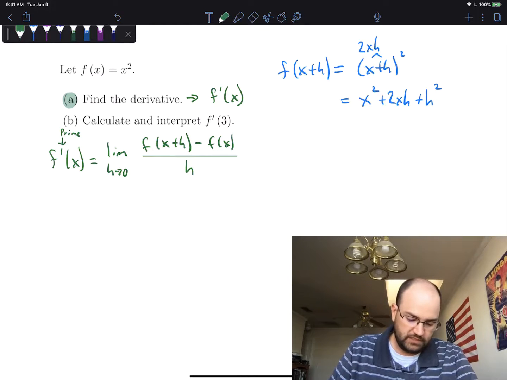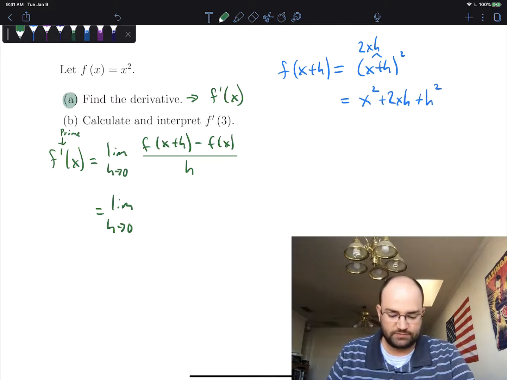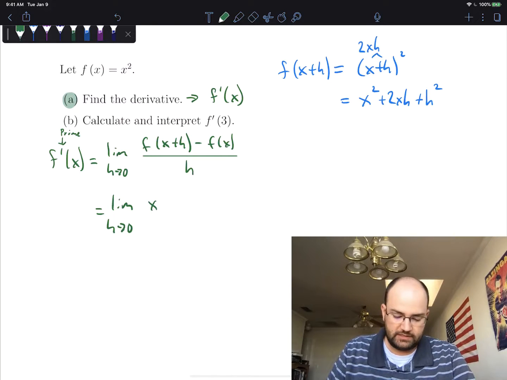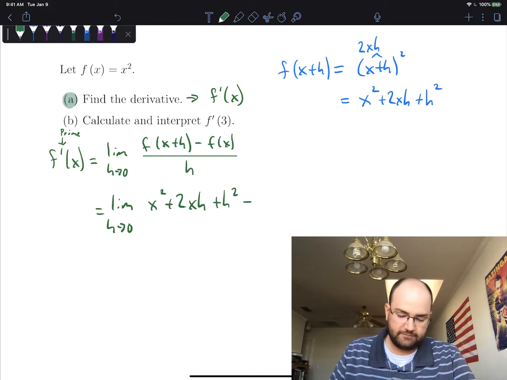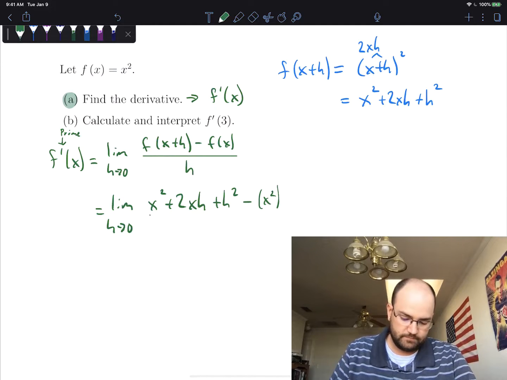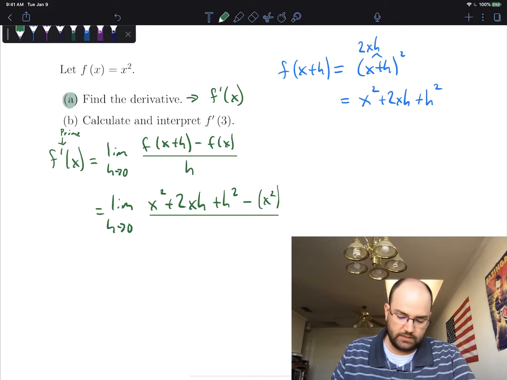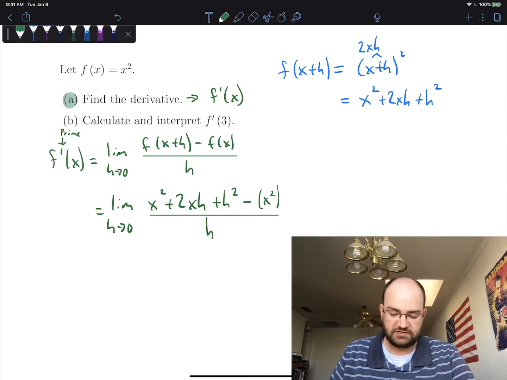So the limit is now, the limit as h approaches 0 of x squared plus 2xh plus h squared. And then we're going to subtract off the entire original function of x squared. Good. Now notice that all over h is in the denominator.